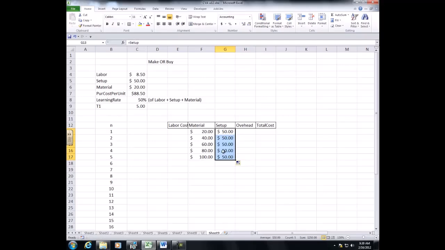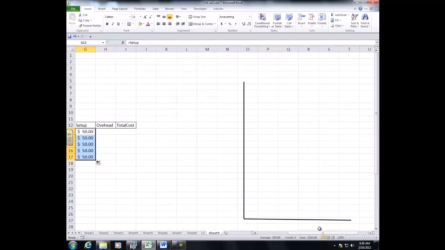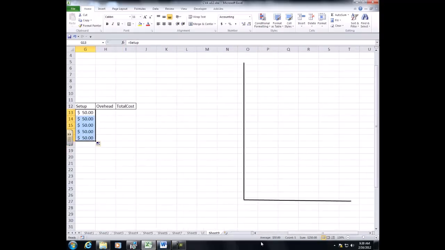All right. Now let's go back and represent this cost in terms of a graph. Here's N, the number of units to produce. Here we will represent the costs.